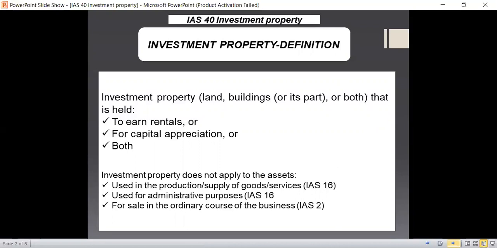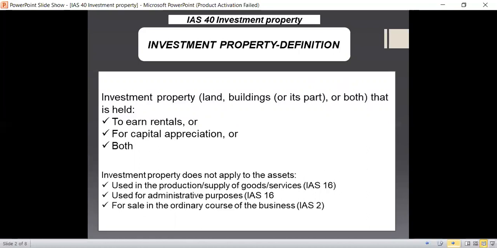If it is land and building used for rental purpose or capital appreciation or both, then IAS 40 deals with them. If they are used for production or supply of goods or services and administration purposes, then generally IAS 16, Property, Plant and Equipment, applies. And if they are used for sale in the ordinary course of the business, then generally we apply IAS 2.